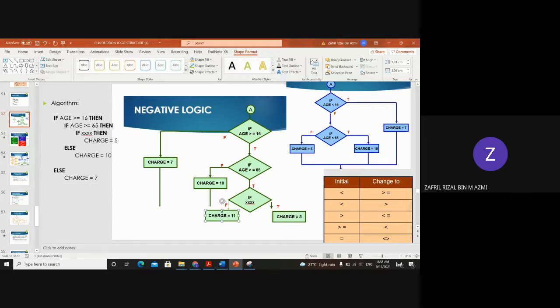How about charge equal to 11? Which condition does it belong to? Where should I put this? In line what? Line number? Anybody? Line number 6. Correct. Okay, so this is line number 6.